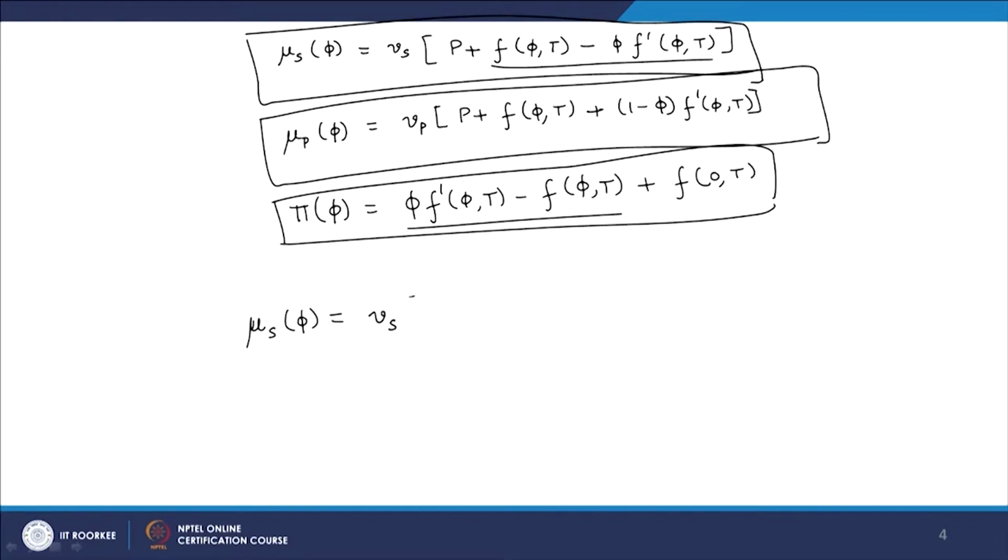Vs multiplied by P minus pi, which you can write as a function of phi and T, plus some constant value.